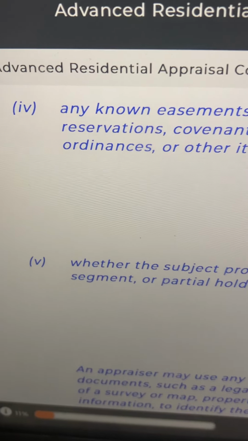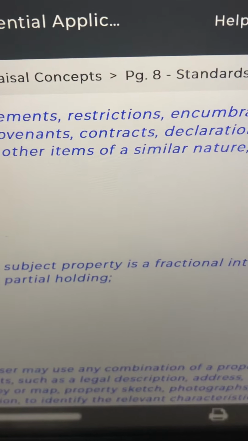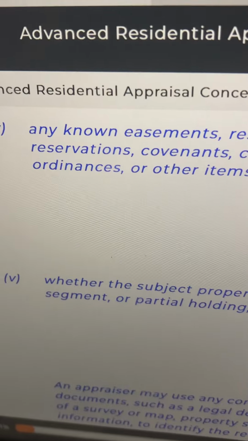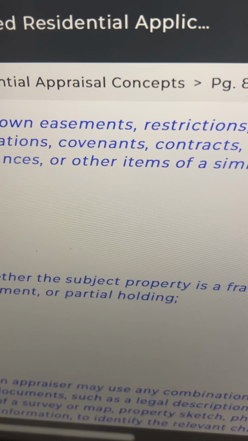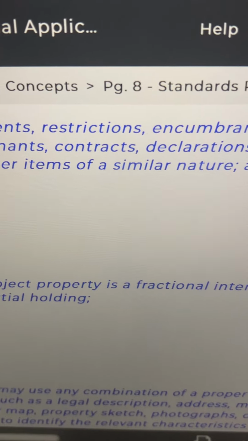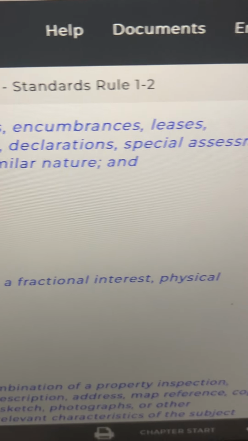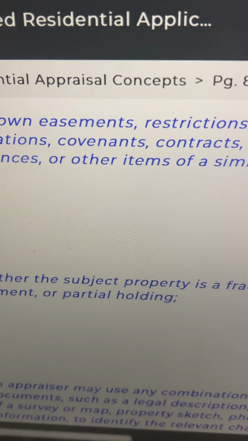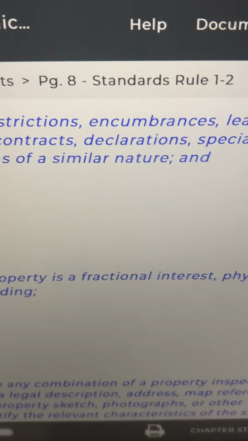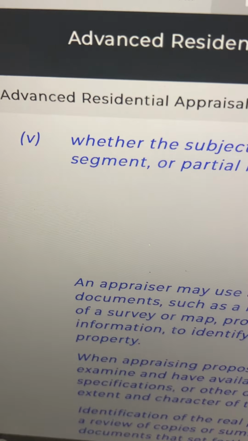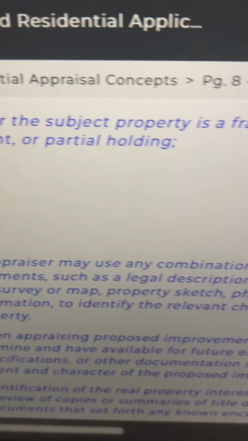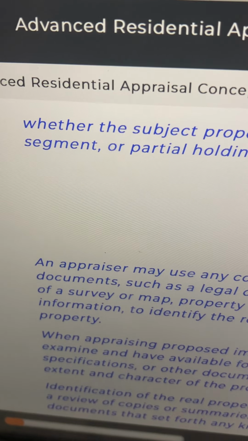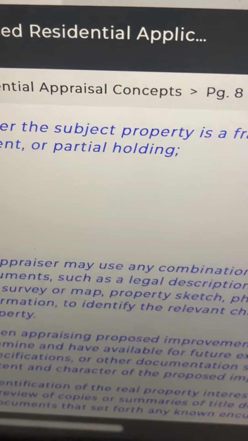Roman numeral 4, any known easements, restrictions, encumbrances, leases, reservations, covenants, contracts, declarations, special assessments, ordinances, or other items of a similar nature. And Roman numeral 5, whether the subject property is a fractional interest, physical segment, or partial holding.